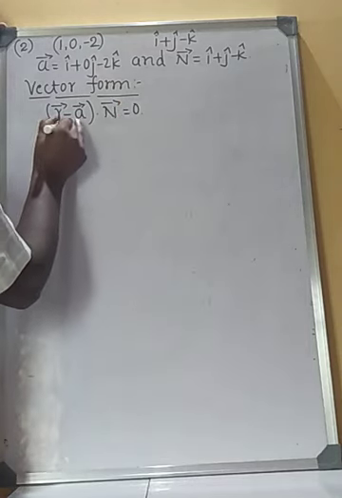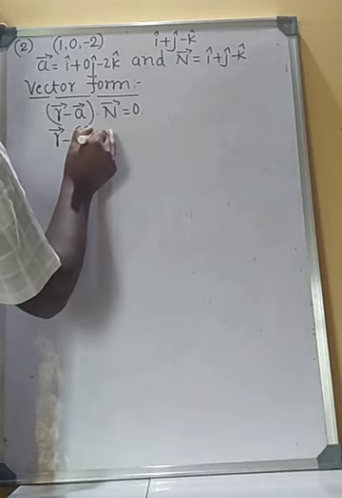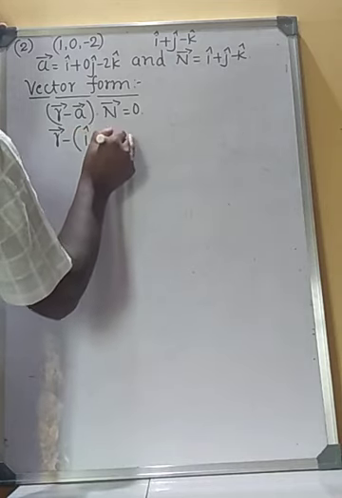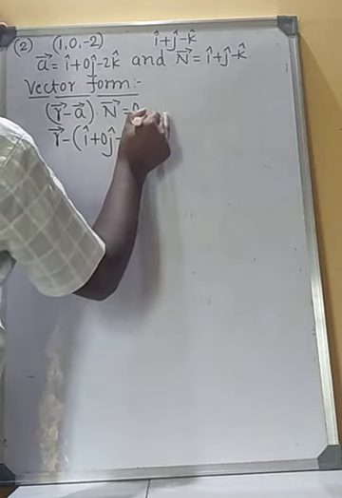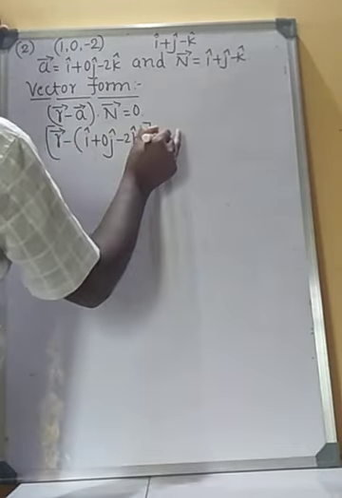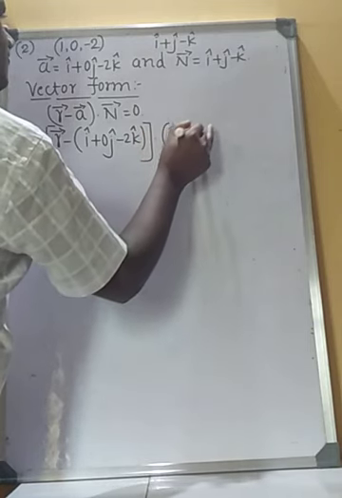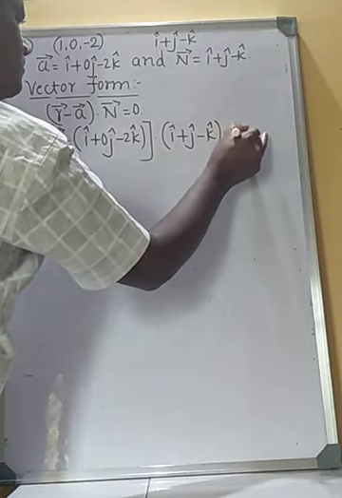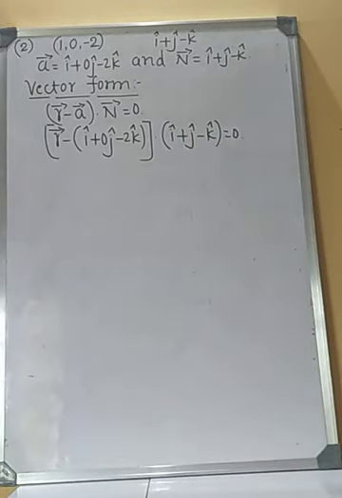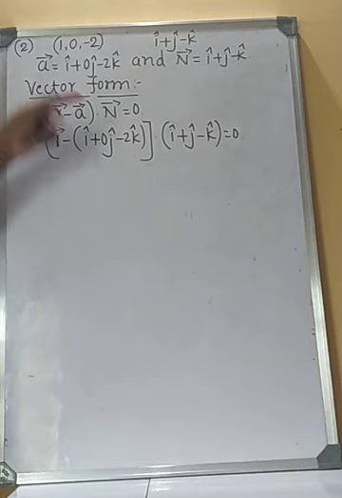Therefore (r vector minus vector a, i plus 0j minus 2k) dot n vector (i plus j minus k) equal to 0. So this is the vector form of equation of plane.